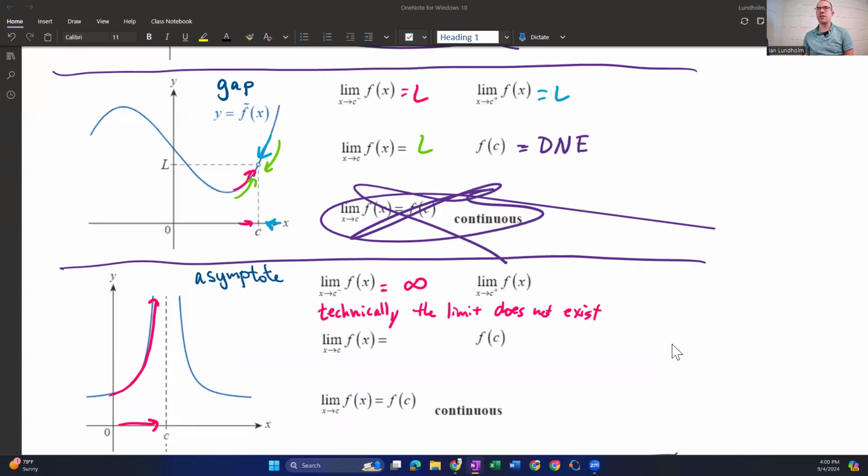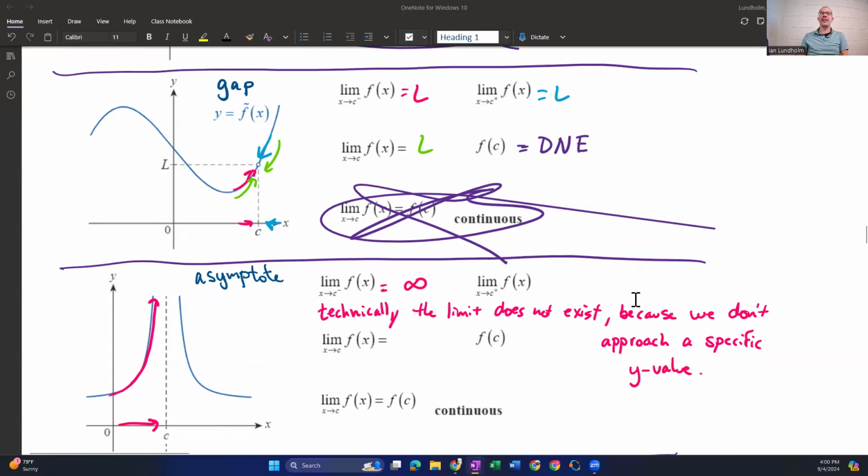Just like in Mean Girls, the limit does not exist. Because we don't approach a specific y value.